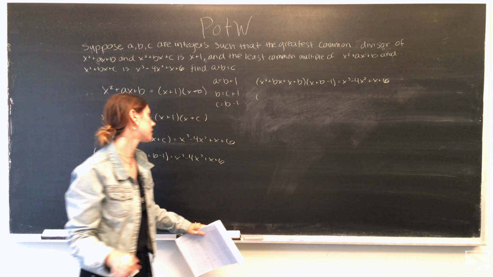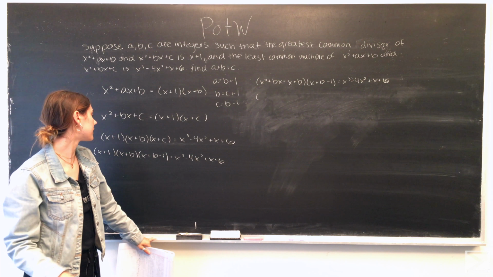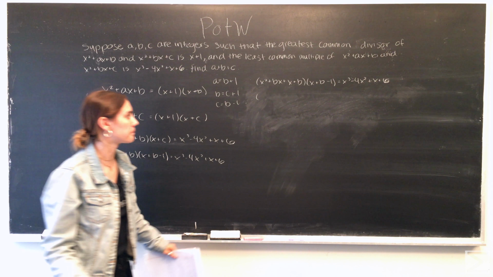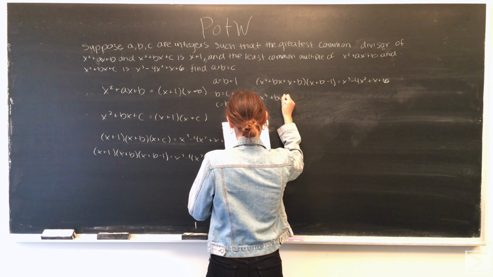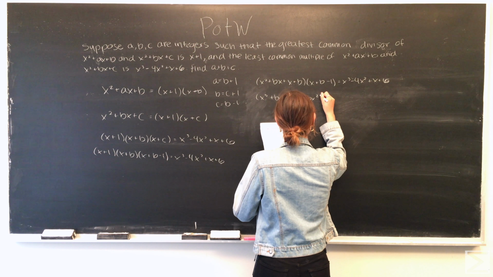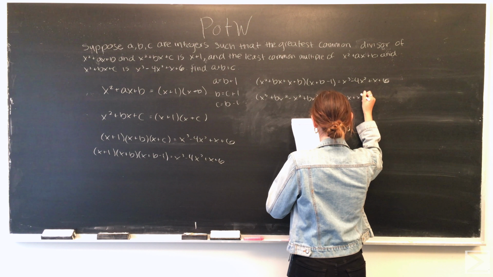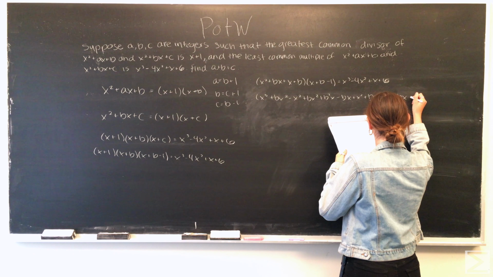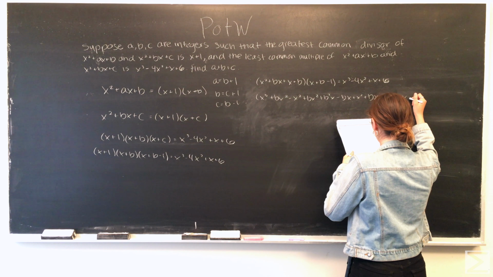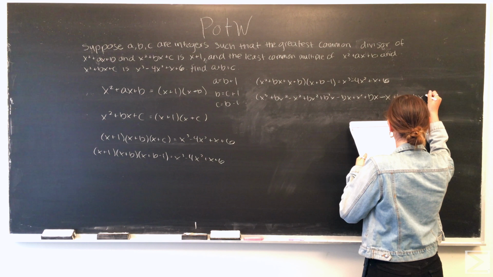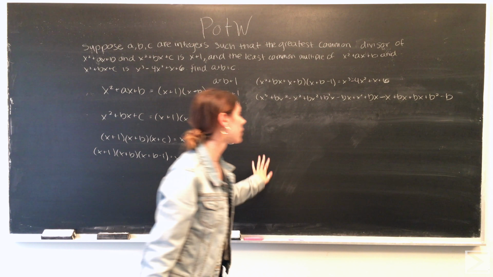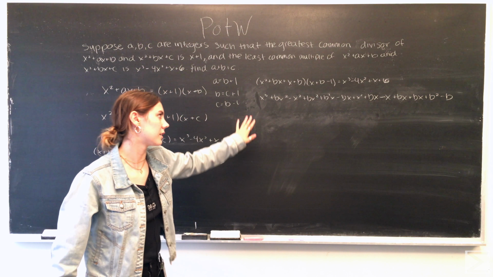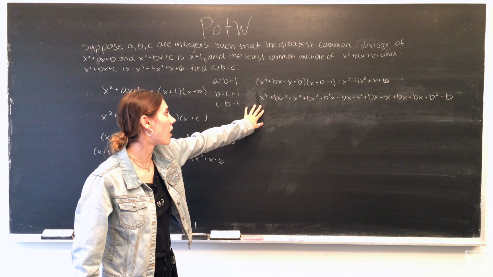What I've done is multiply out x plus 1 times x plus b. Now we're going to multiply that by x plus b minus 1. Multiplying these two out, we end up with a very long polynomial.